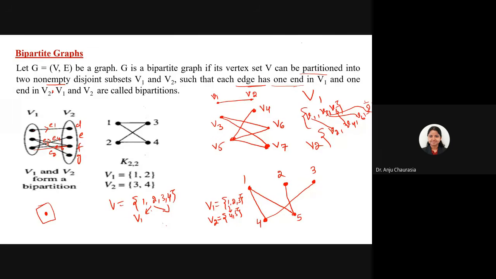Now see the other edge, 1, 5. If I'm guessing this is the correct vertex set, then it is okay. 1, 5. So 1 and 5, 2 and 5, 2 and 5, 3 and 4. If edges are there, then they should come from the first and second sets. So 3 and 4, yes, 3 is here and 4 is here. So this is an example of a bipartite graph.